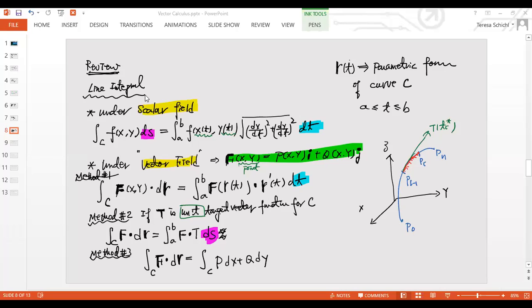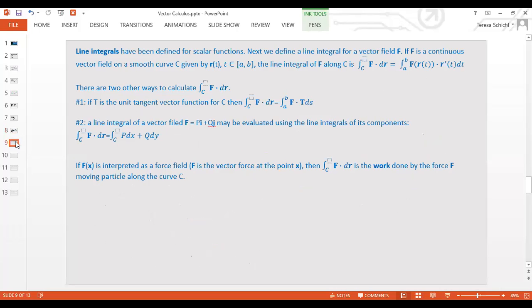Okay, so here is the summary of what we just went through. Take a look, this is our definition of the line integral over the vector field.